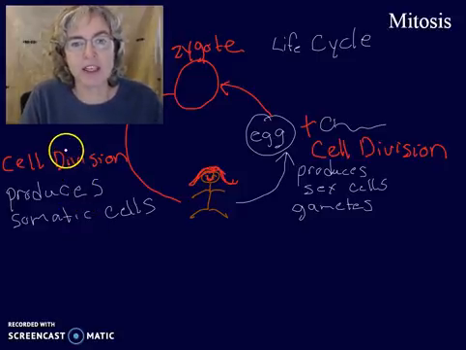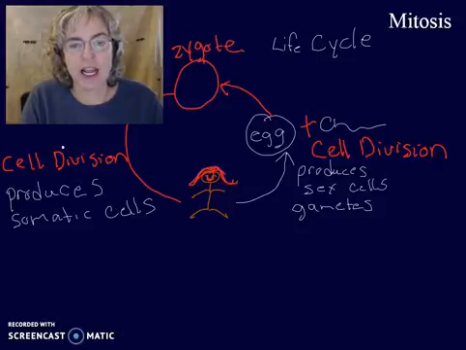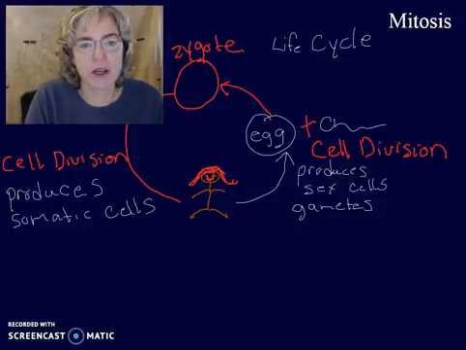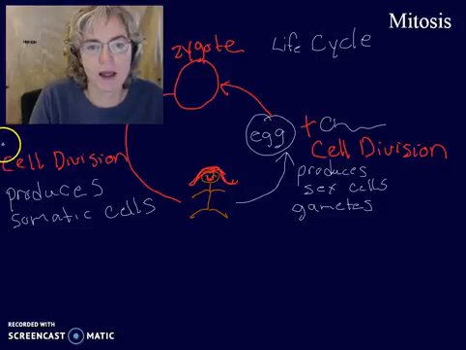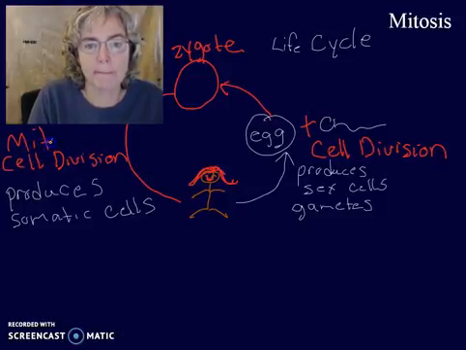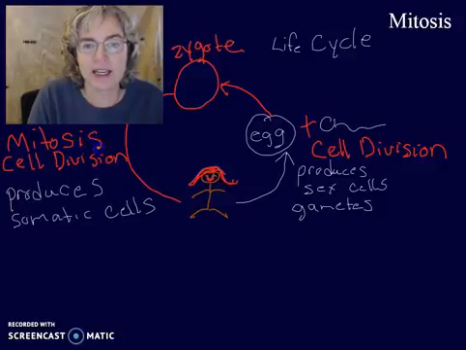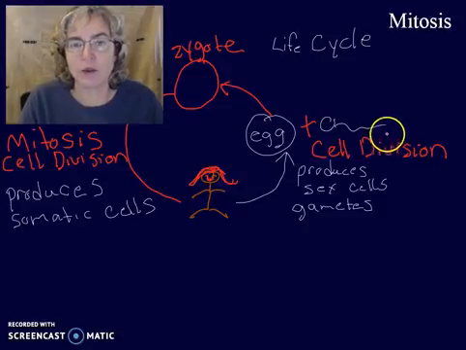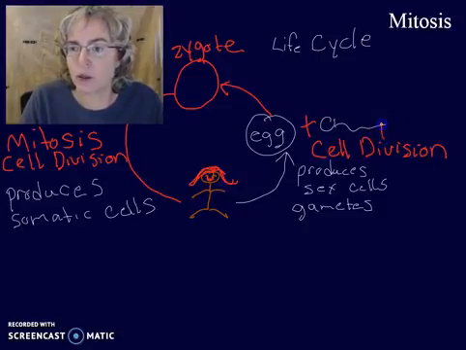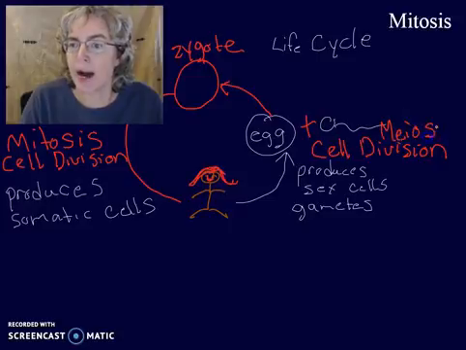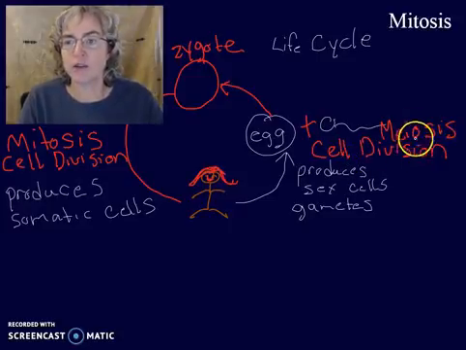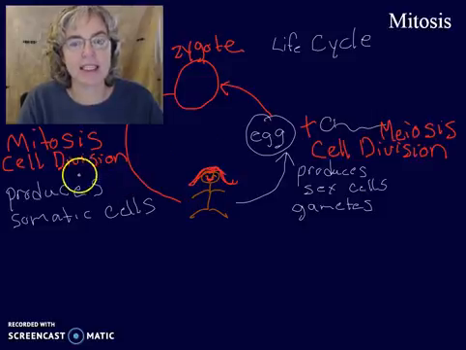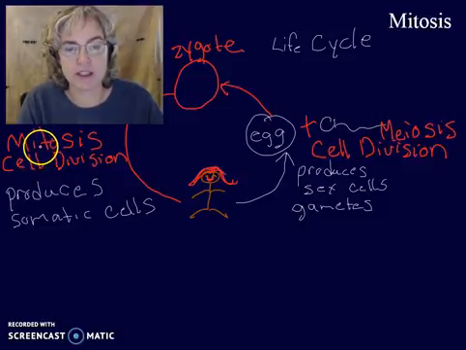Okay, so this cell division includes a process called mitosis. And this process over here includes a process called meiosis. So this is a cell division with meiosis, and this is cell division with mitosis.